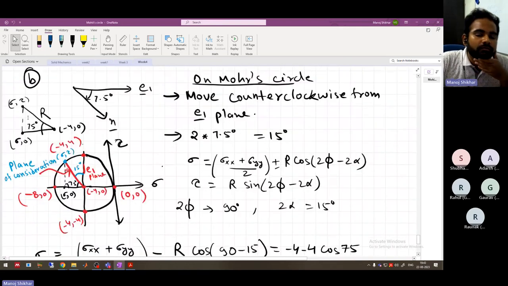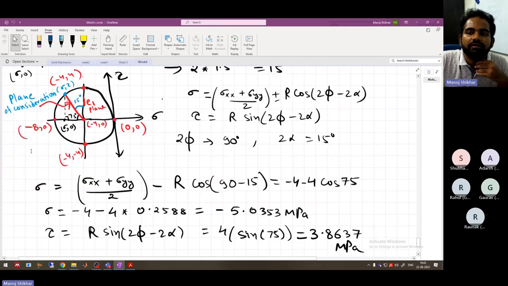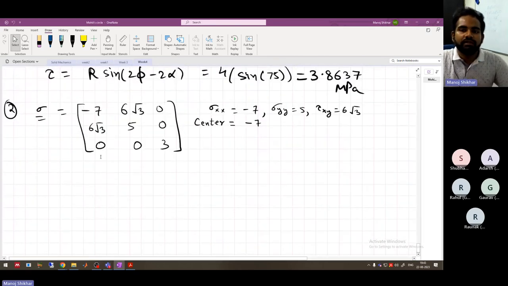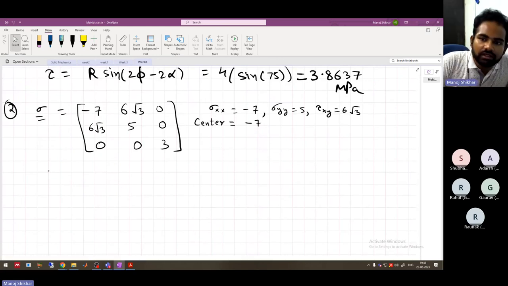So from normal trigonometry also you could have solved that, because this will be sigma -4. So sigma plus R cos 75 will be this length, and R sin 75 will be this length. So you could have solved using that. Maybe in this problem I will solve using that so that you get a hang of it.